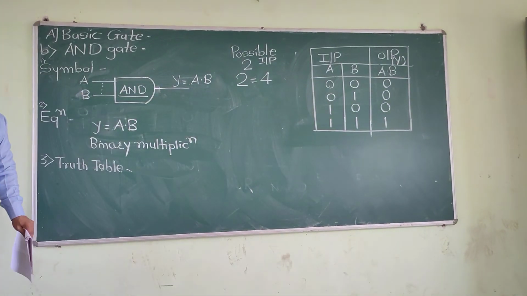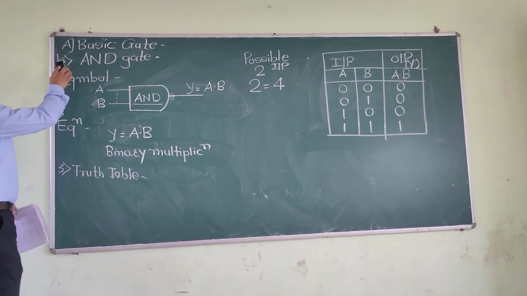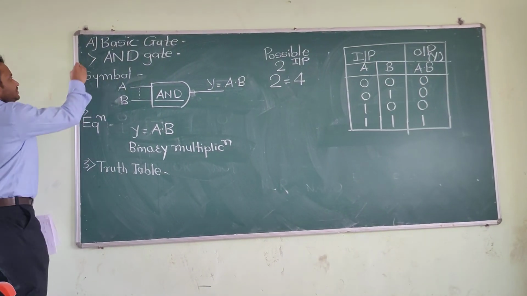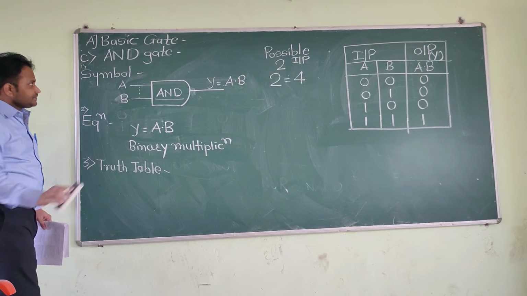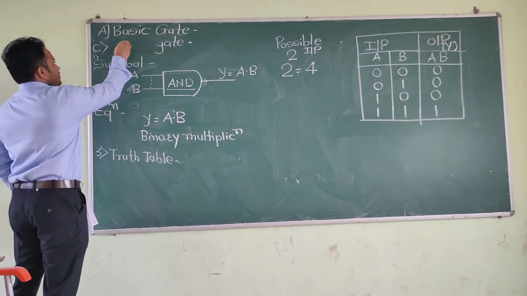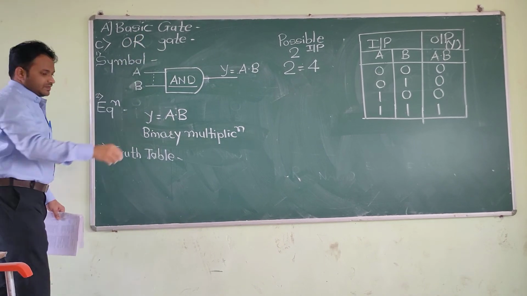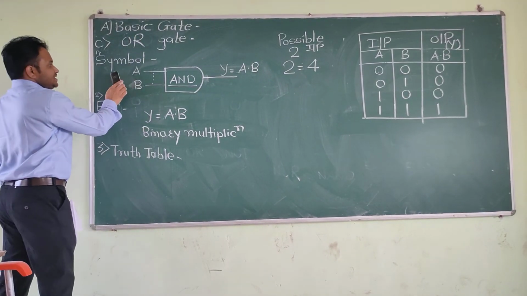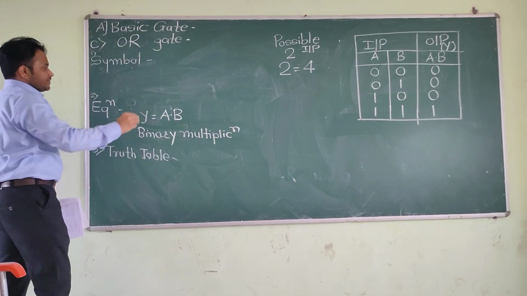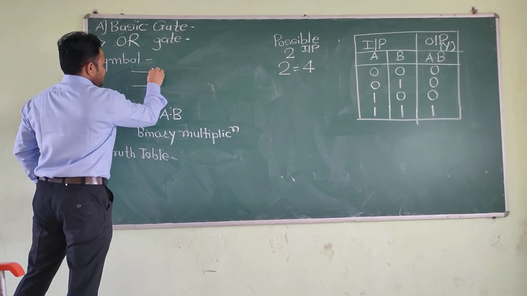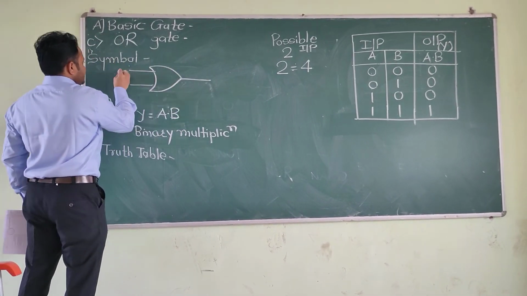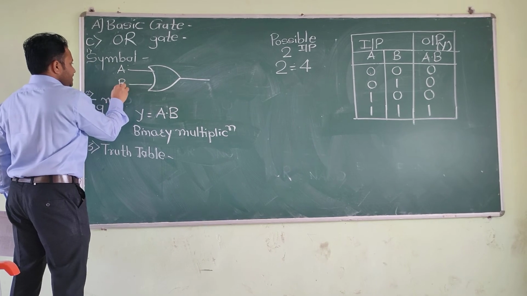If you understood these two gates, now let us start with the third gate, that is OR gate. Now its symbol: suppose A and B are the inputs.